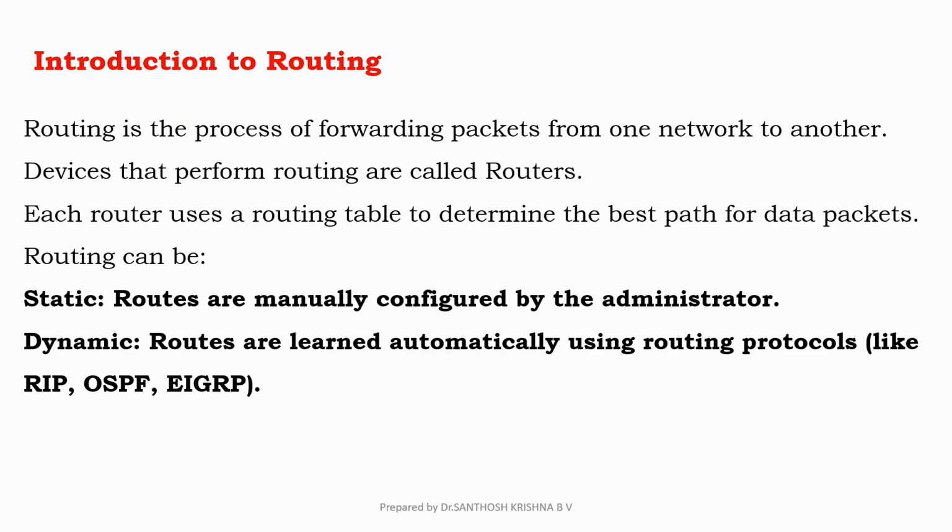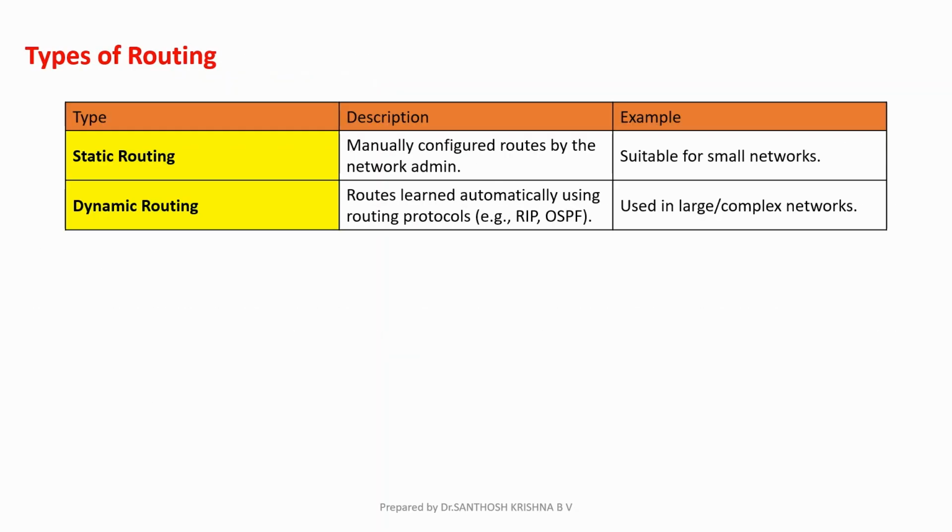These are some of the dynamic routing protocols. The main difference between these two is given here. Static means manually configured routes by the network administrator, which is suitable for smaller networks. Whereas when we are going for larger networks, we can't go with static routing. We need to move on to dynamic routing.